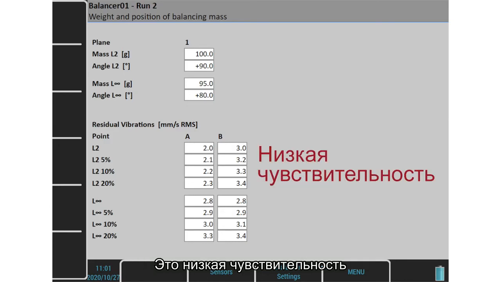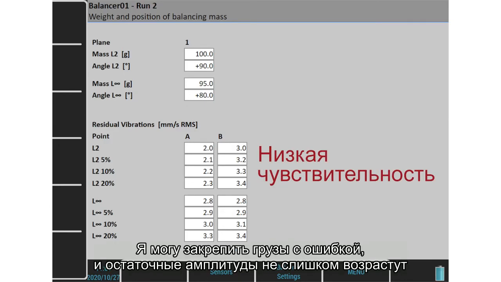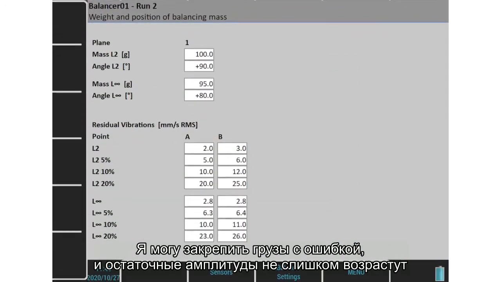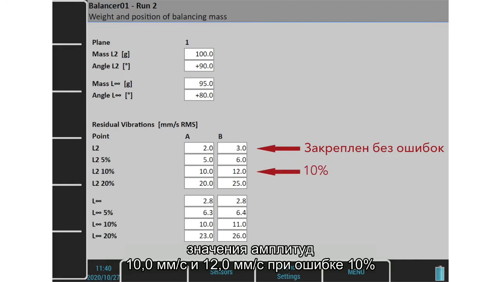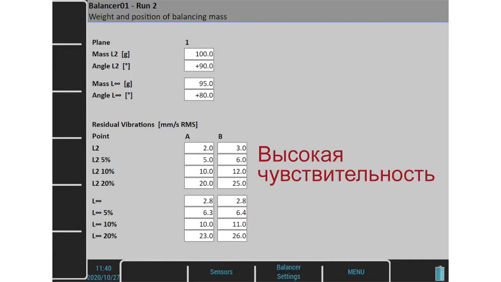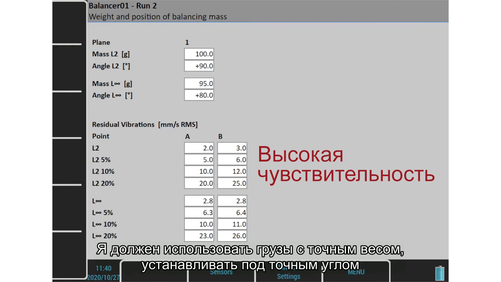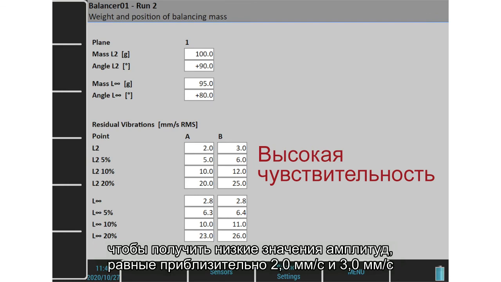This is low sensitivity. I can mount the mass with error and residual amplitudes does not increase too much. But I can get 5 and 6 amplitudes for 5% error, 10 and 12 amplitudes for 10% error, and 20 and 25 amplitudes for 20% error. It is high sensitivity. I must use accurate weight and accurate angle to achieve the low amplitudes near 2 and 3.